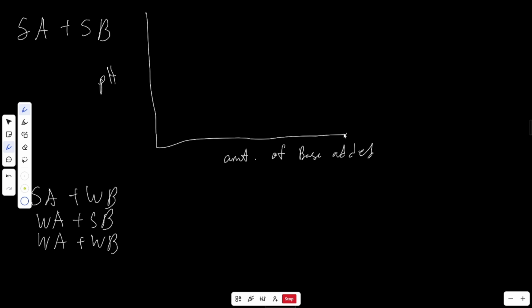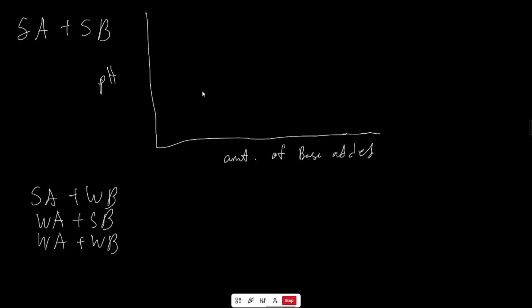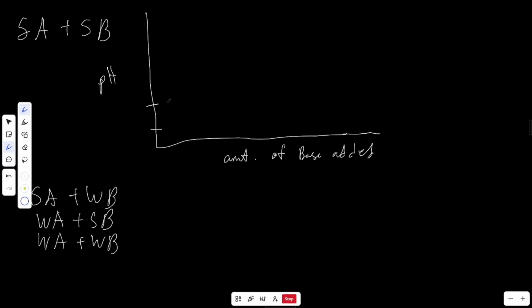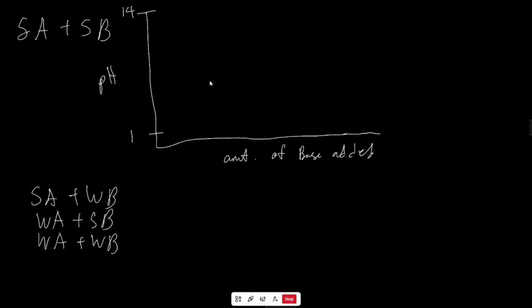Okay. So let's say we're given a certain strong acid. Let's say this is pH 1, this is pH 14. So if we have a strong acid and a strong base, and we're starting with an acid, our curve will start here.